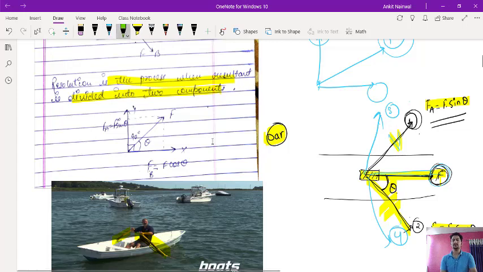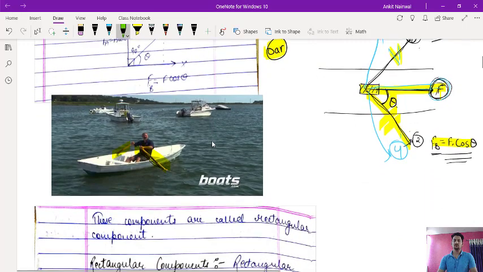but we are only concerned with the special component. Those special components are known as rectangular components. Now why do we call them rectangular components? Because these two components make an angle of 90 degrees with themselves. Suppose this is angle, this is B and this is A. These both components are at 90 degrees to each other.